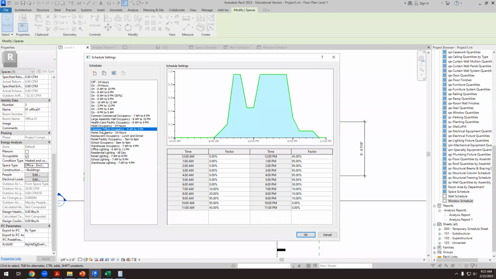I think when they do this common office occupancy, 8 to 5, they consider that it's only used like 5 days a week, because it's a common office occupancy. We don't have a way here. We have 24 hours on. Okay, so let's assume that it's 5 days per week.